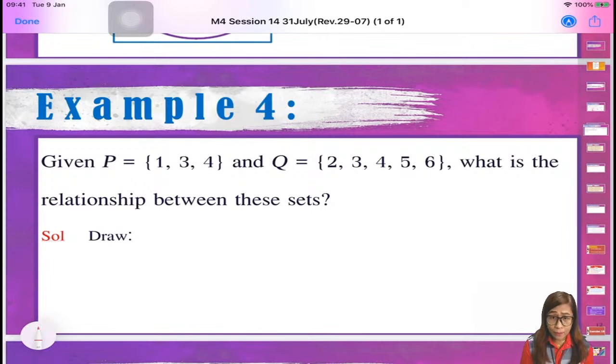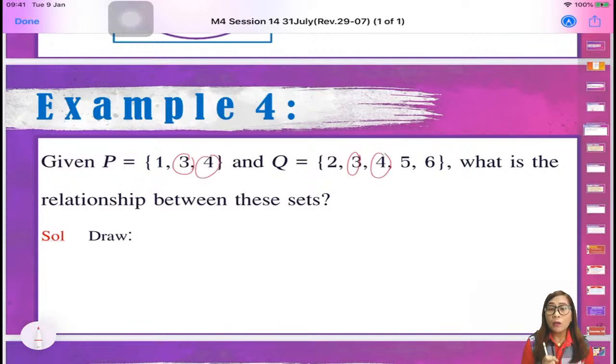The elements of P, we have 1, 3, and 4. For Q, we have 2, 3, 4, 5, and 6. So you have to look first for what are the common elements. If you see, the common elements are 3 and 4.